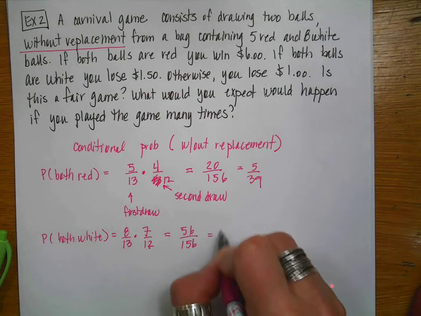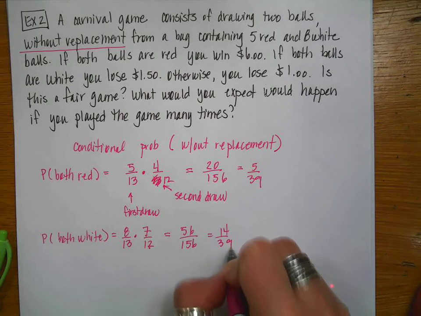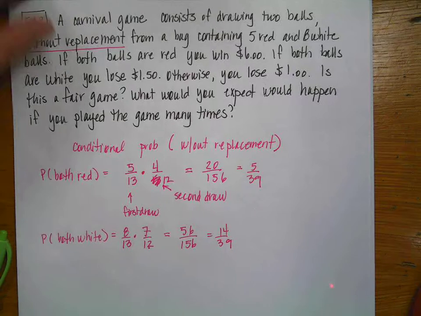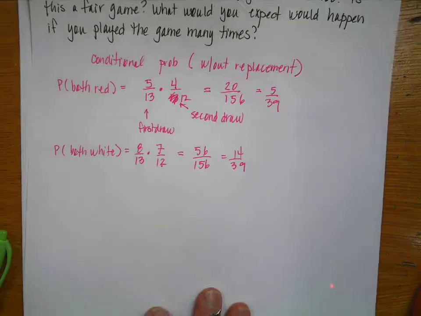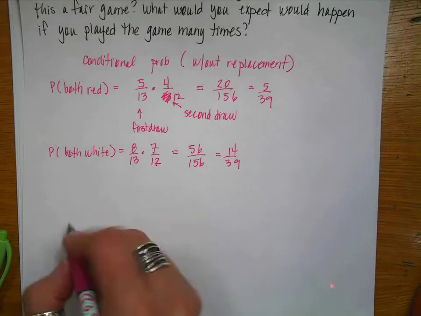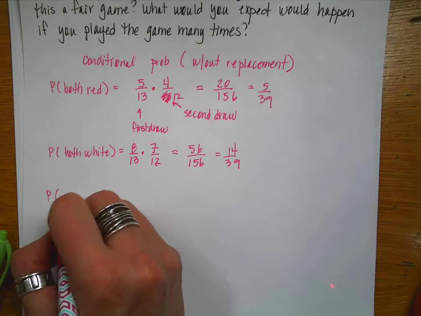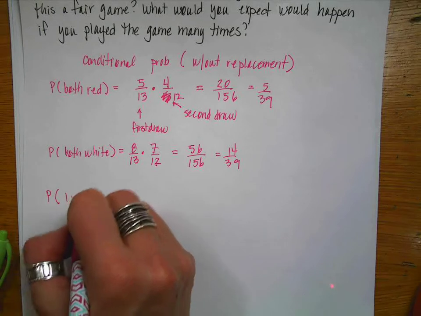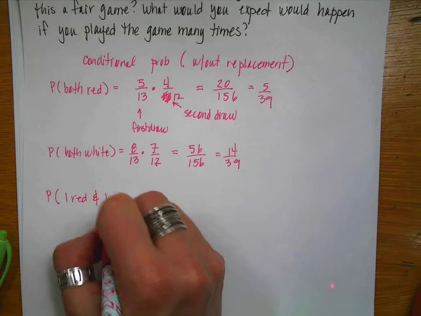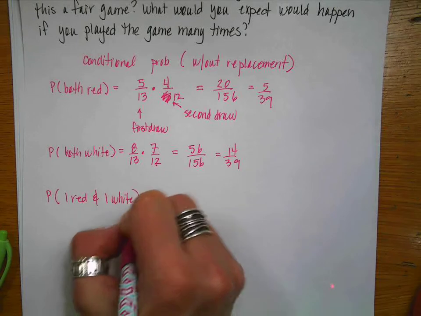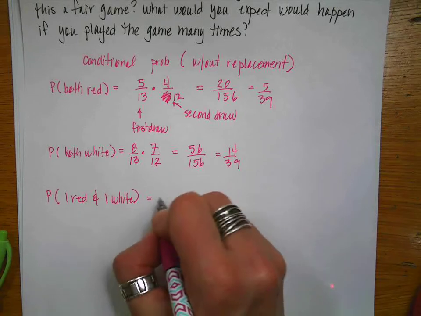So this is 56 out of 156, or 14 out of 39, okay? So now let's look at the rest of the problem, because it seems pretty simple, but it actually turns out to be a little bit more entertaining. So I want to know what's the probability that I get 1 red and 1 white, okay?